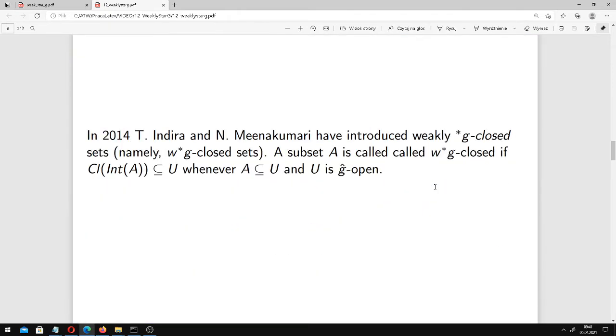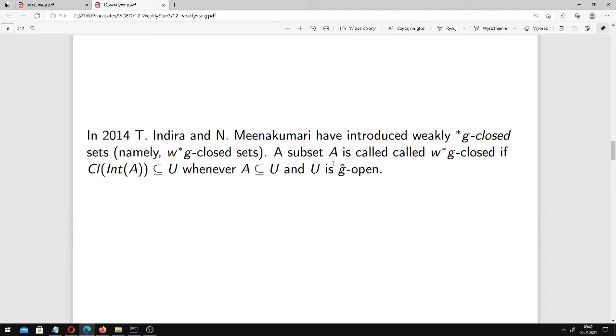And in 2014, Indira and Meenakumari introduced so-called weakly star G closed sets, W star G closed sets. The rest of this presentation will be based strictly on their paper and their results. However, sometimes we shall discuss some examples in a more detailed manner.